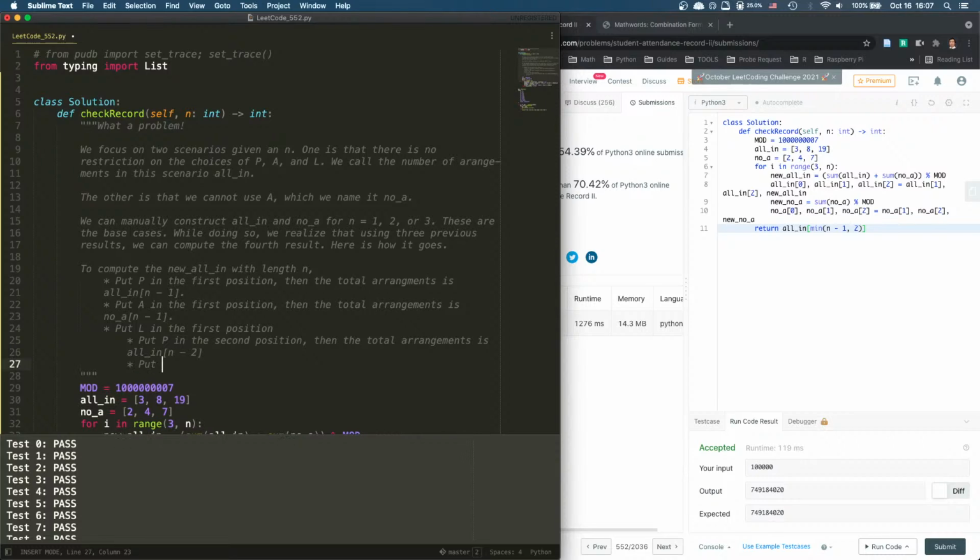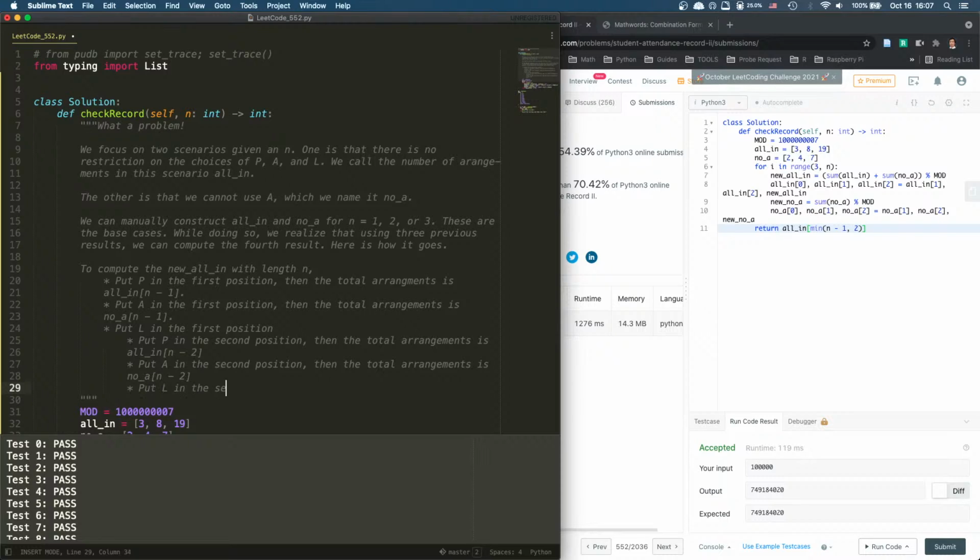Put A in the second position. Then the total arrangement is no A n minus 2.